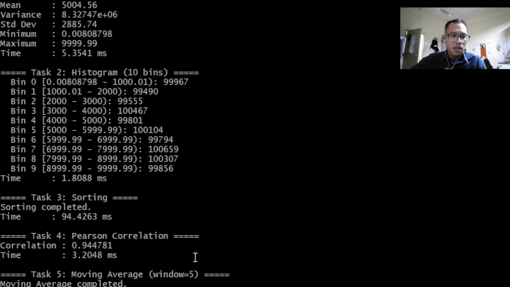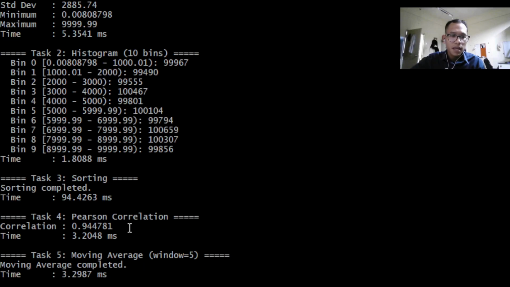For sorting, it took 94.4 milliseconds, 3.2 milliseconds for Pearson correlation, and also 3.2 milliseconds for moving average. There are 0 outliers. Again, because we use synthetic data, the data generated do not fall too far from each other.